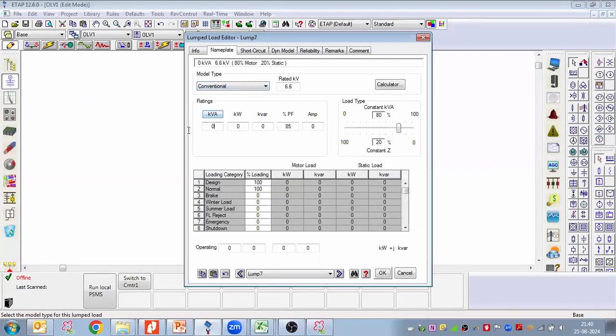Let us take 80% loading, meaning an 800 kVA load connected to the system, taking a full constant kVA load, dynamic load or motor type load. Let us go with 100% power factor, no issue at all. This is just for example. The rating is 0.433 kV.